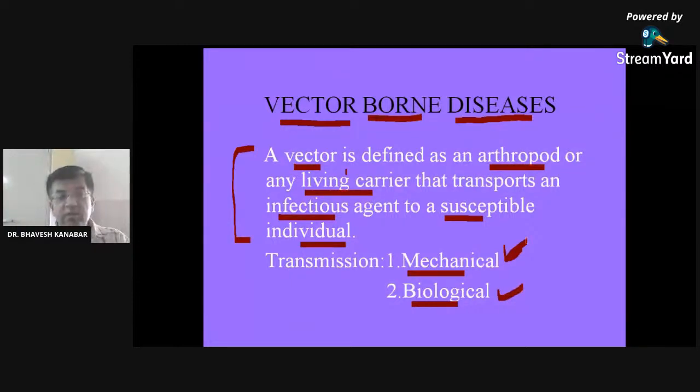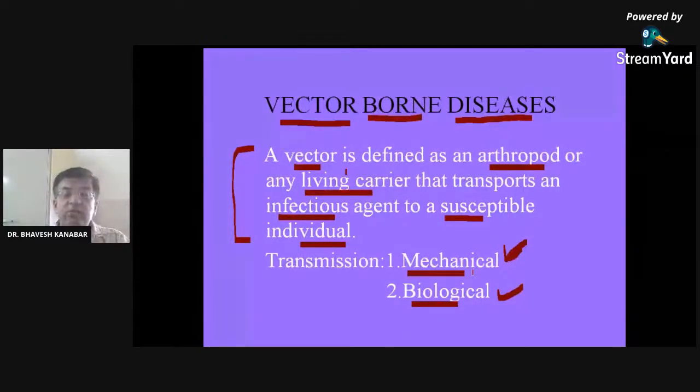Whenever it bites another healthy human being, it transmits this changed form to that person. So it is called biological transmission. Here, multiplication as well as change in the form of the parasite occurs inside the body of the vector.